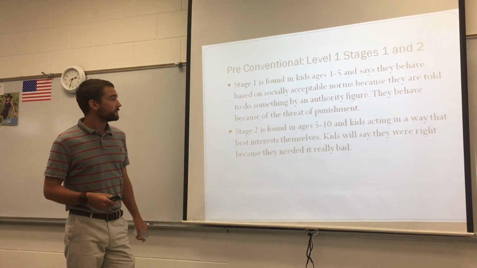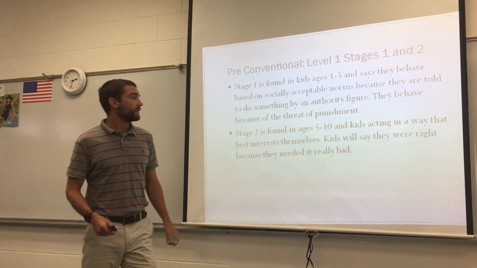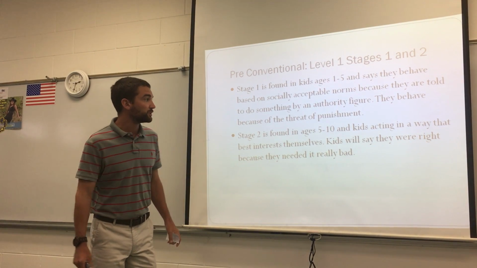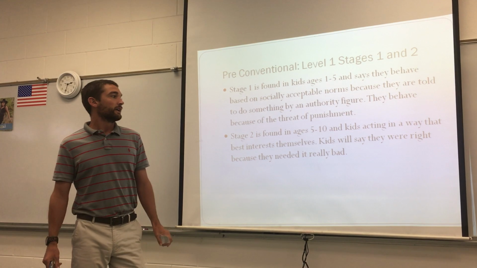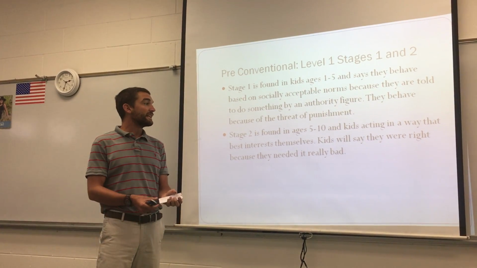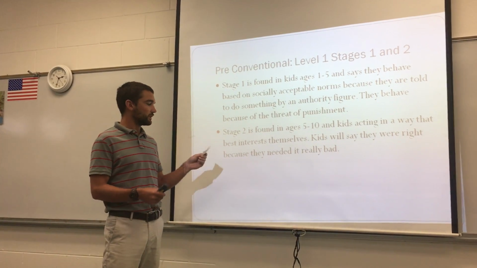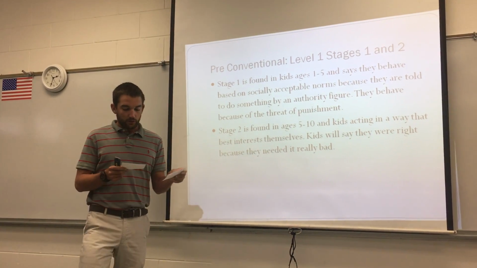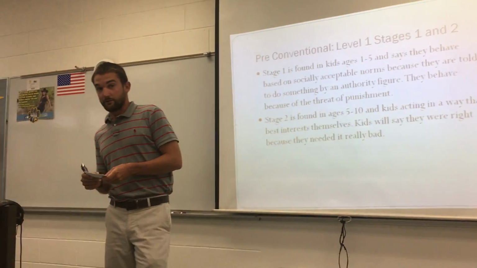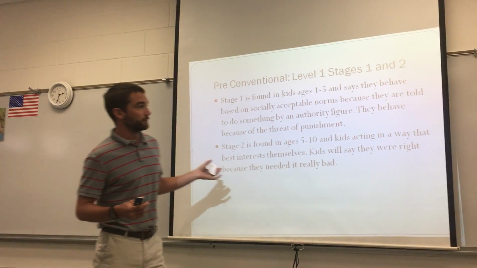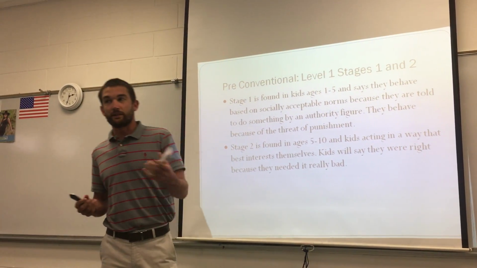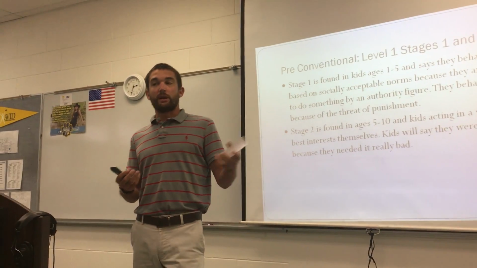And then stage 2 is found in ages 5 to 10. Okay, so still along the lines of elementary school kids, kids acting in a way that best interests themselves. Kids will say they were right because they needed it really bad. So this goes along the lines of you scratch my back, I'll scratch yours. If somebody wants something and you have something that they need, you can maybe trade.